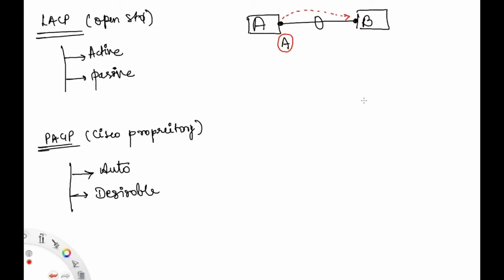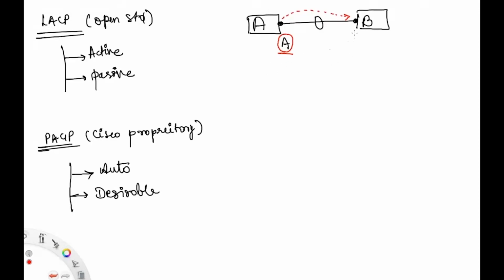All right, and only if they are consistent, those ports will be aggregated into a port channel to logically appear as one. So here, whichever interface I have configured as active is the first one to initiate that particular negotiation, the first one to initiate that conversation so that they can start exchanging these different parameters.